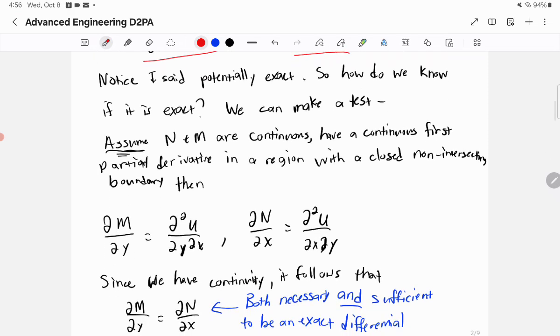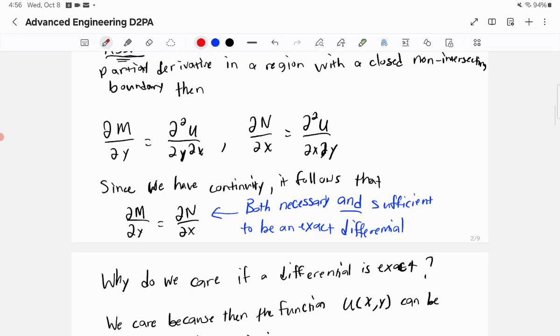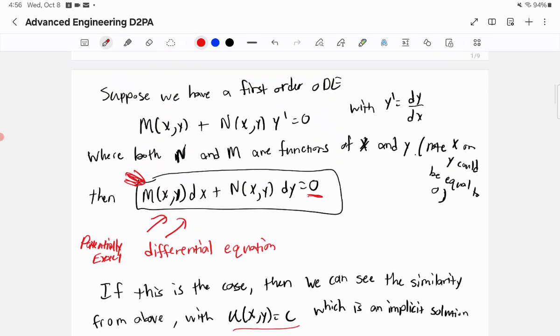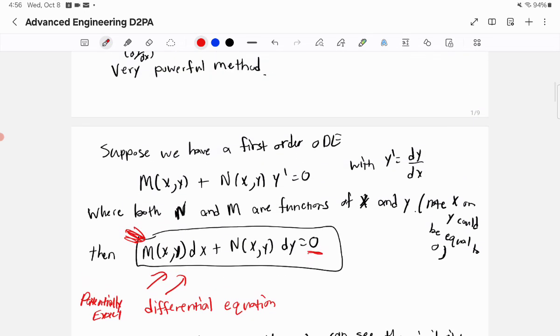And to test exactness, we take the partial derivative ∂M/∂y and set it equal to the partial derivative ∂N/∂x. This fact is both necessary and sufficient to be an exact differential. So we start off with something that's potentially exact. We don't know that it's exact, but it's potentially exact.